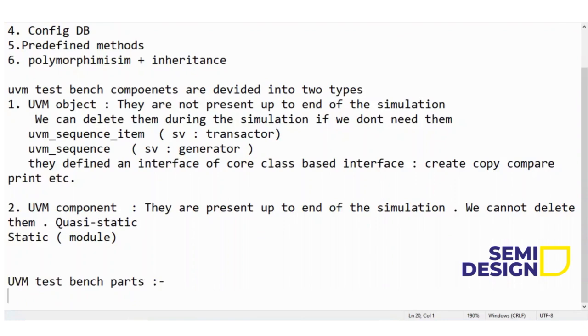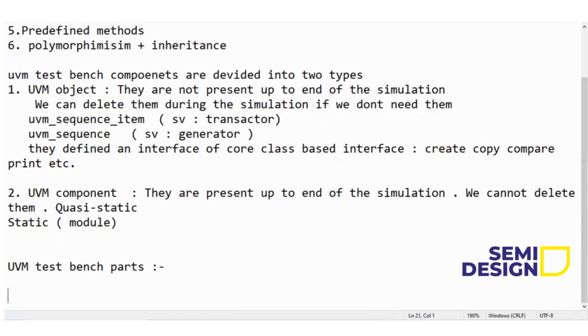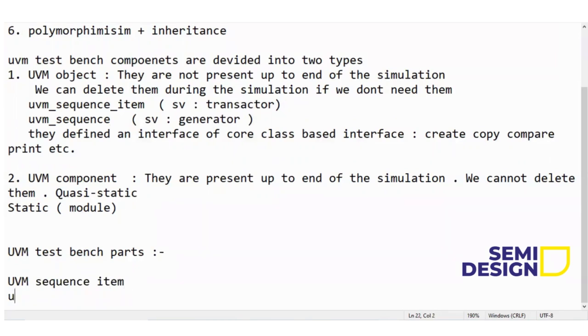So it starts from UVM sequence, then UVM sequence item, then UVM sequence.